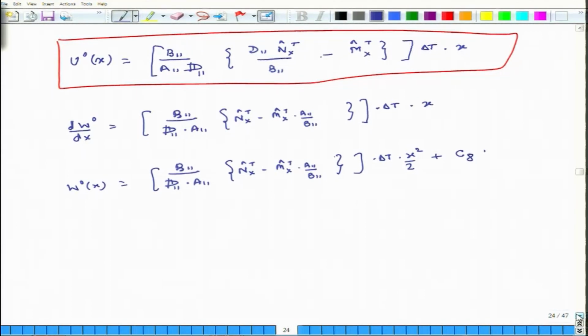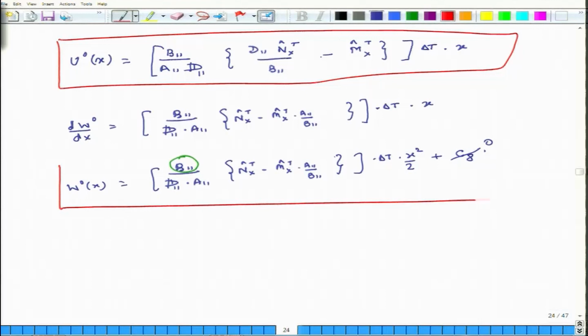So, once again, how do we find out the value of C8? We once again think of a scenario that when delta T is 0, then the plate should not bend at all, and that can happen only if C8 is 0. So, this is 0, okay, and C8 represents rigid body motion of the plate.